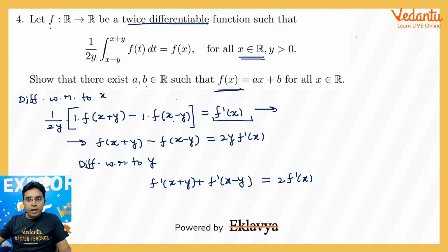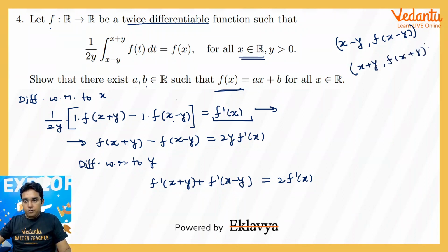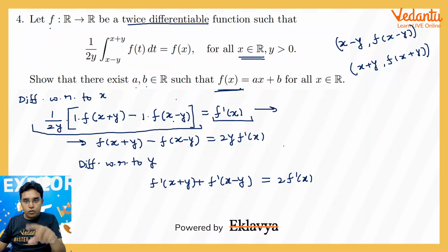You can define it like this: one point is x minus y comma f of x minus y, and another point you can take as x plus y comma f of x plus y. If you join these 2 points and take their slope, this left hand side will be the slope. So this chord joining these 2 points has slope the same as f dash x.